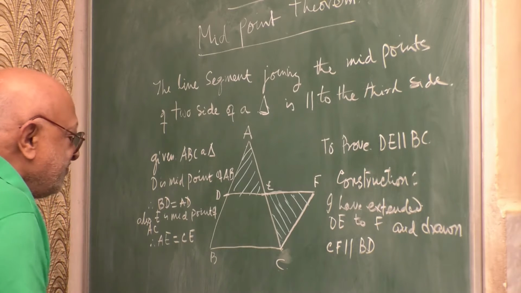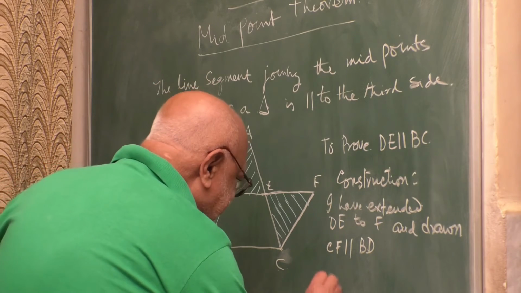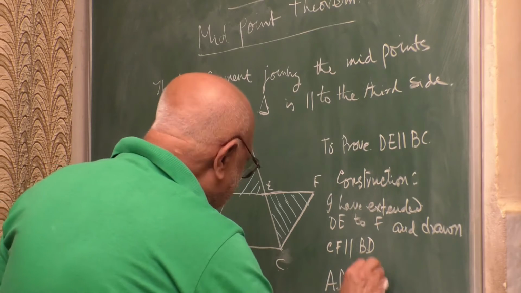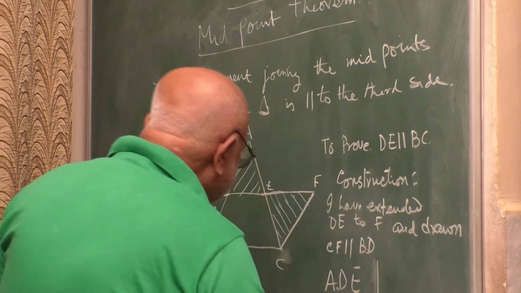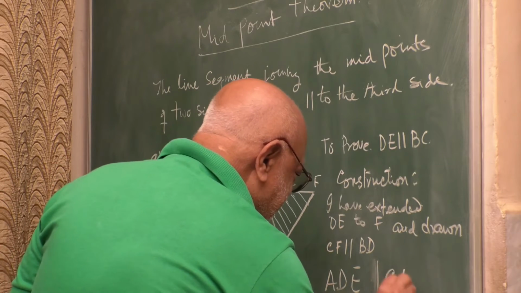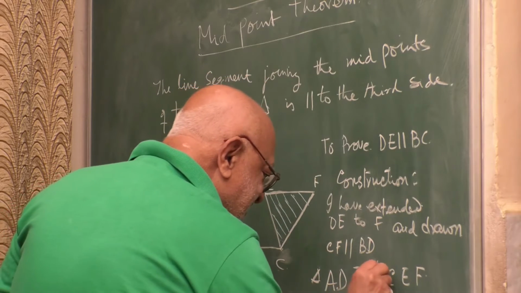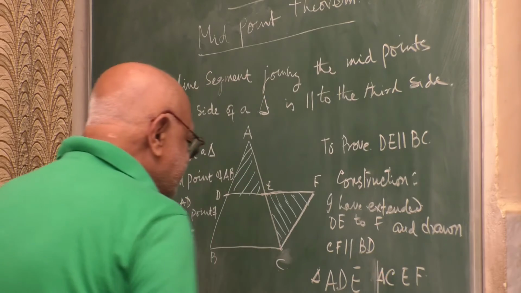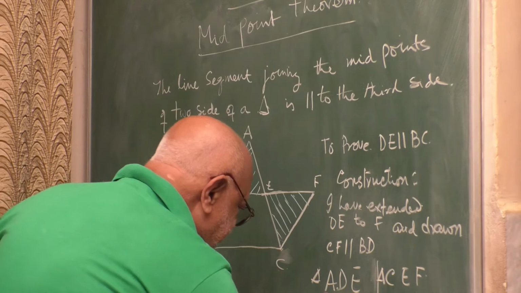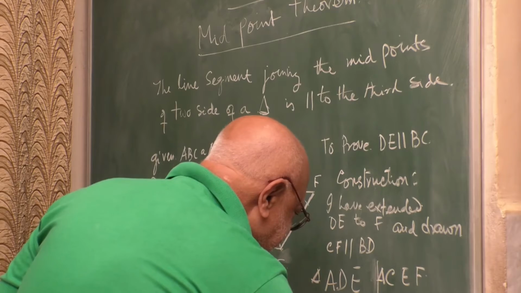First, let us take triangles ADE and CEF. So this is a triangle and this is also a triangle. AE is equal to CE.